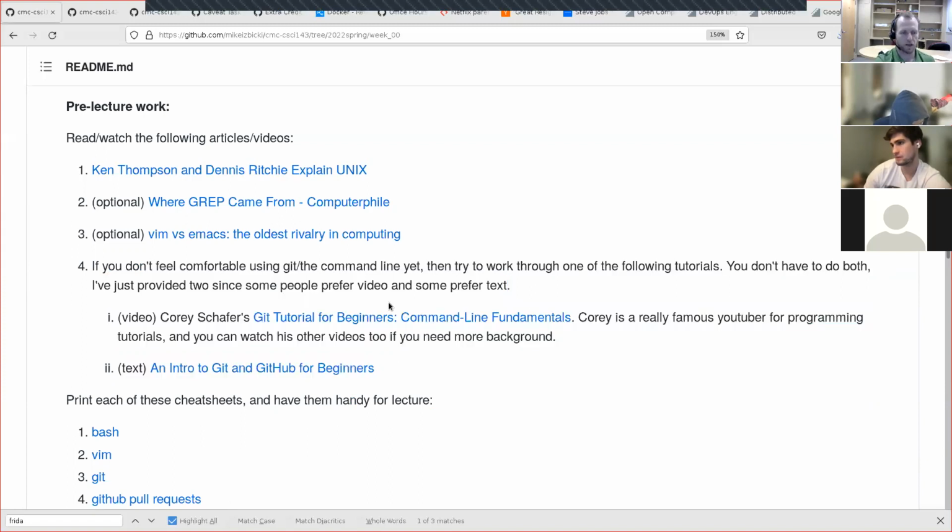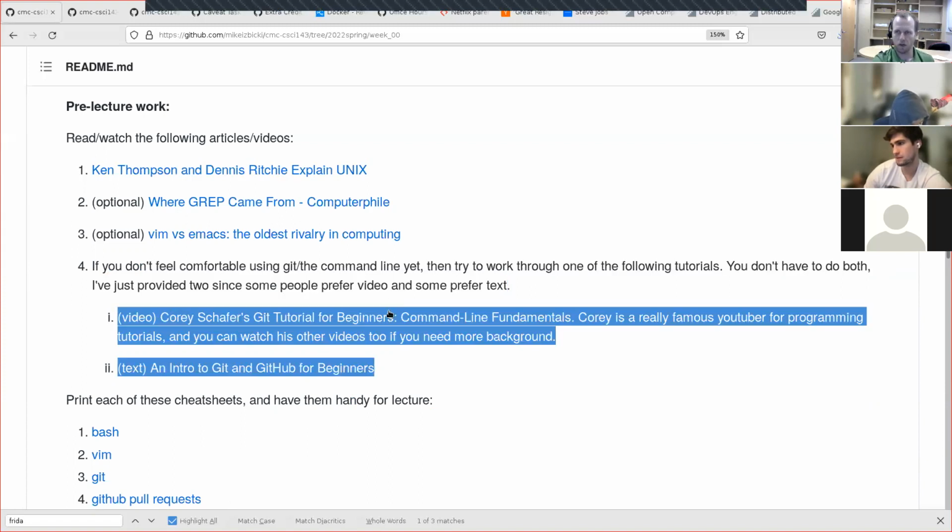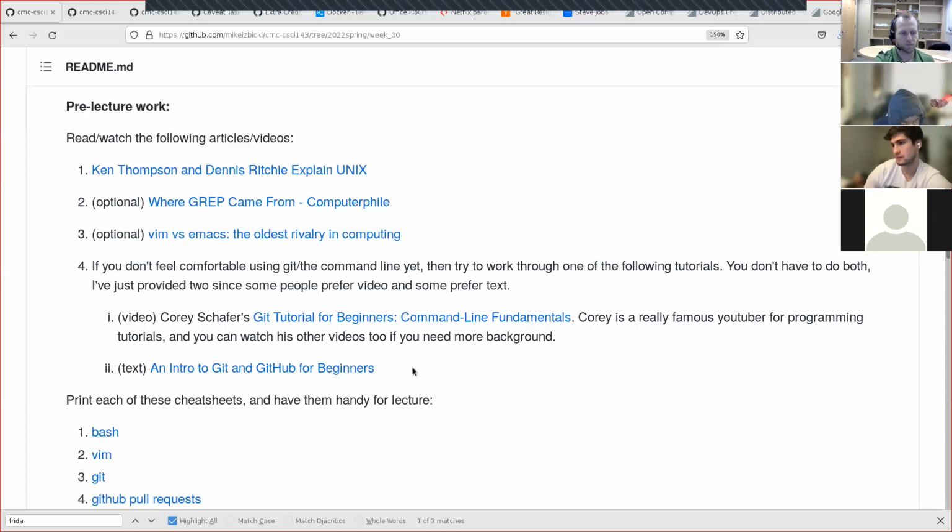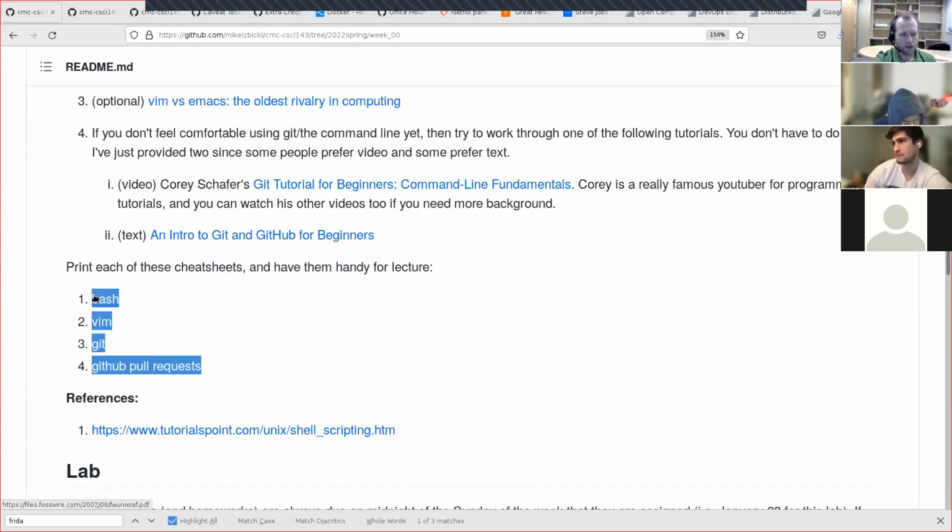It's okay if you don't have a full understanding by Friday, but looking at this before Friday will help you significantly during Friday's lecture. Also, there are 4 cheat sheets right here that will be good things to have handy throughout all of the lectures and while you're working on your assignments. So print these out and have them handy for our lecture on Friday.